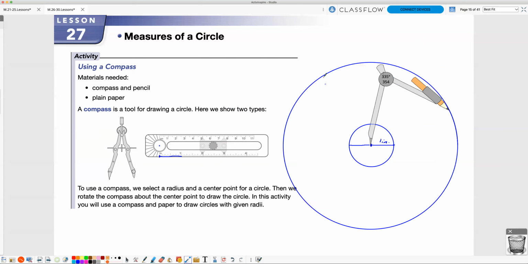And now I have a 4 inch radius, this distance from here out to here is 4 inches. That means the diameter, all the way across through the center point, would end up being 8 inches in total. So from this point all the way over to this point, measuring that line would be 8 inches.